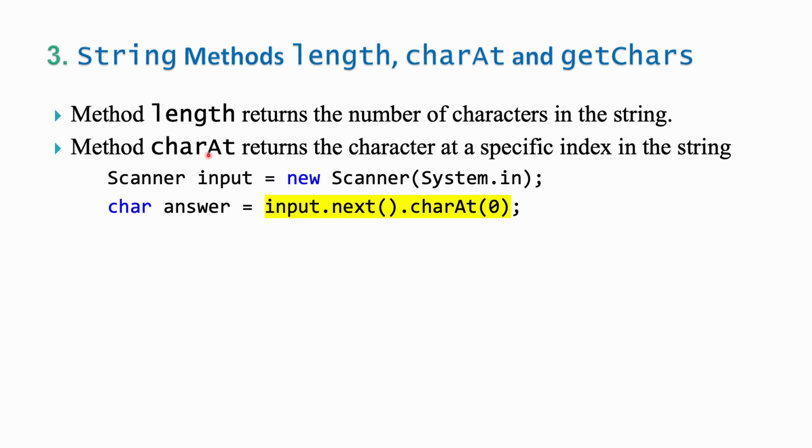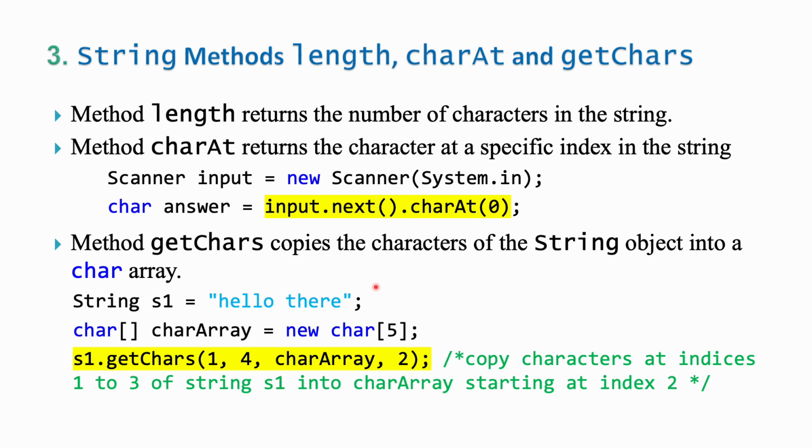Method charAt returns the character at a specific index in the string. We have used this method to read a character from the keyboard before. In particular, we call method next on a scanner object to get a string, then call method charAt with index 0 on the input string.